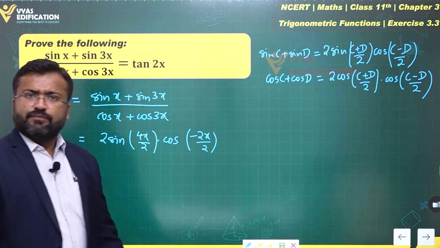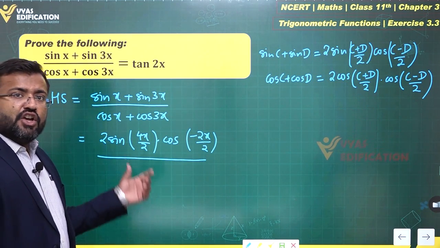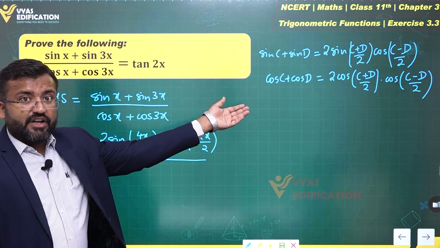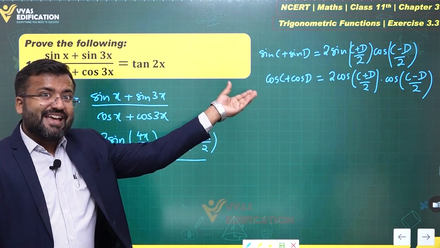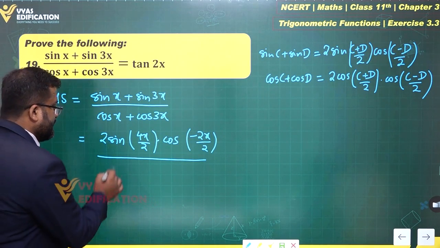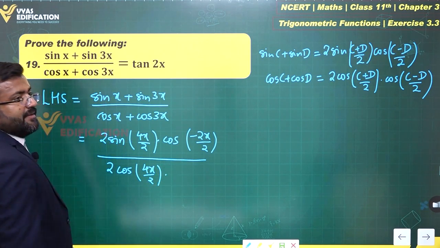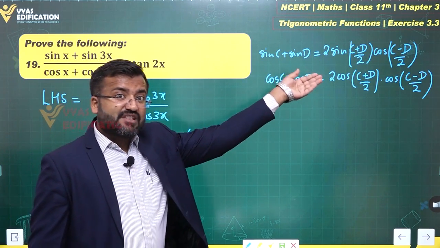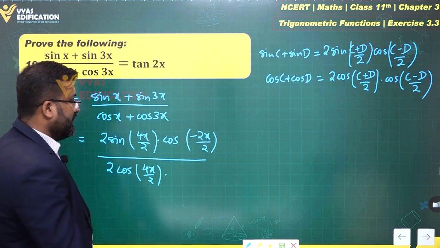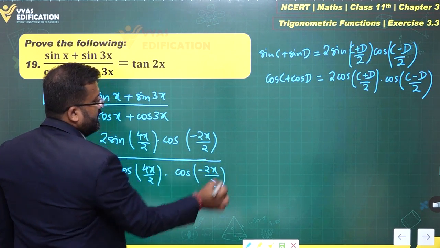This is what you get. What next? In the denominator, you'll have cos x plus cos 3x, which can be converted using that formula into 2 cos (x plus 3x) by 2, which is 2 cos 4x by 2, times cos of (x minus 3x) by 2. This is what you get, right?